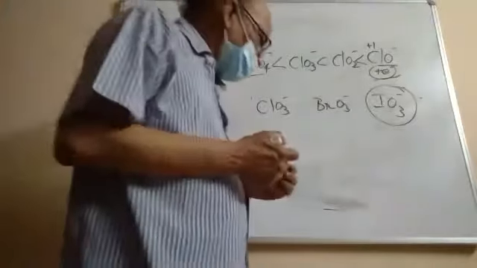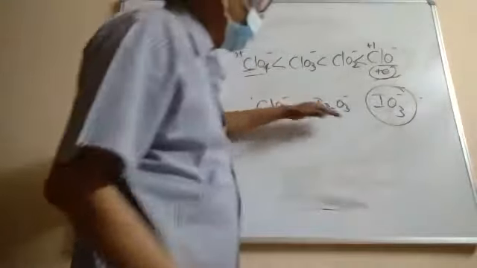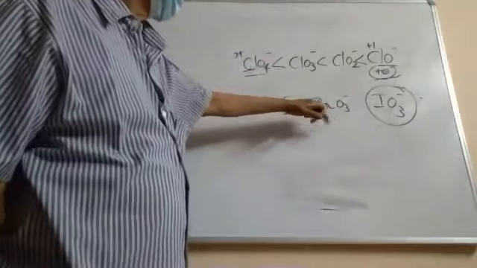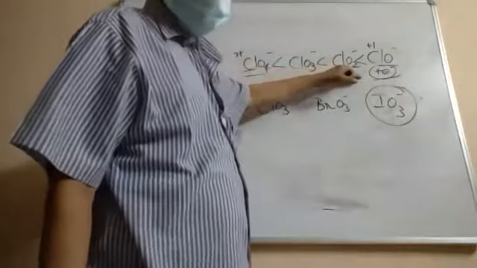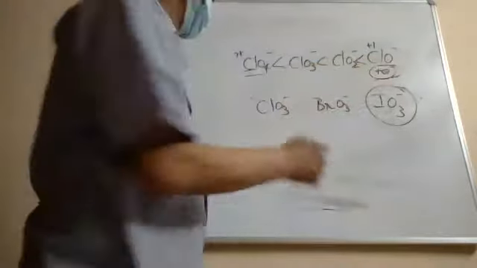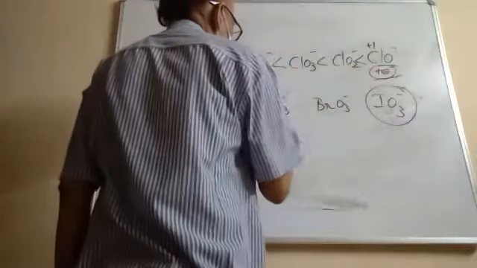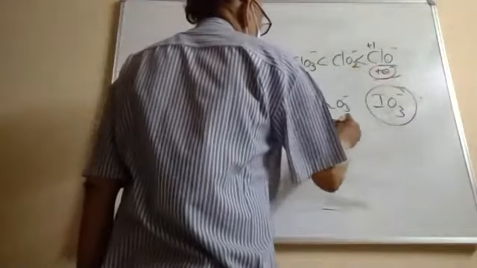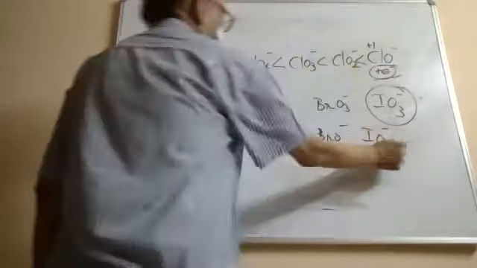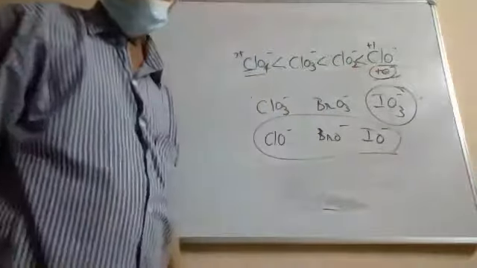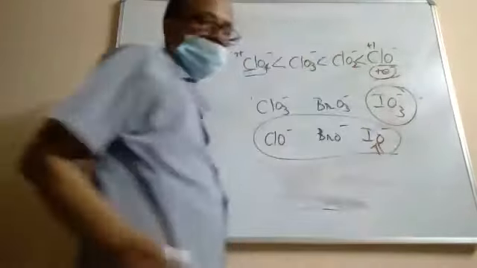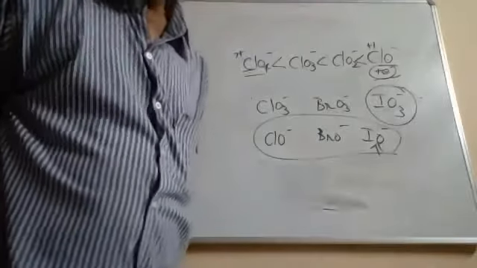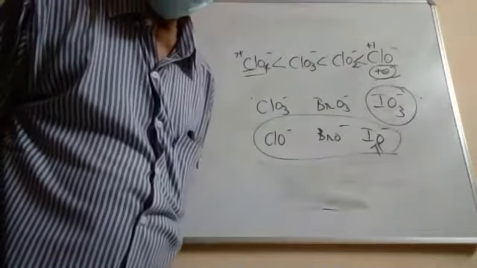So let's see some other things. This trend happens whether you have chlorate or perchlorate or hypochlorite. Even if you have, let's say, ClO minus, BrO minus, IO minus, if I'm comparing these three species, it's clear that IO minus can be easily reduced compared to hypochlorite.